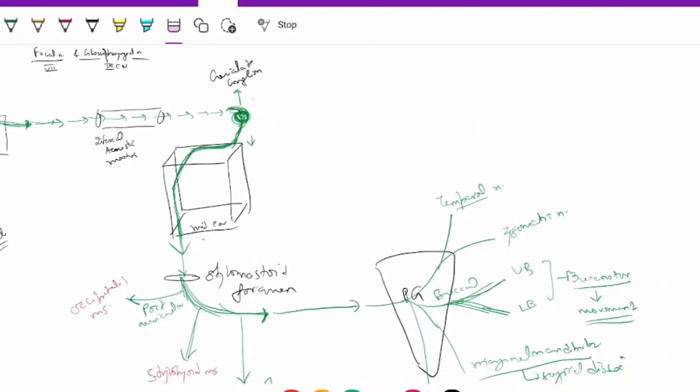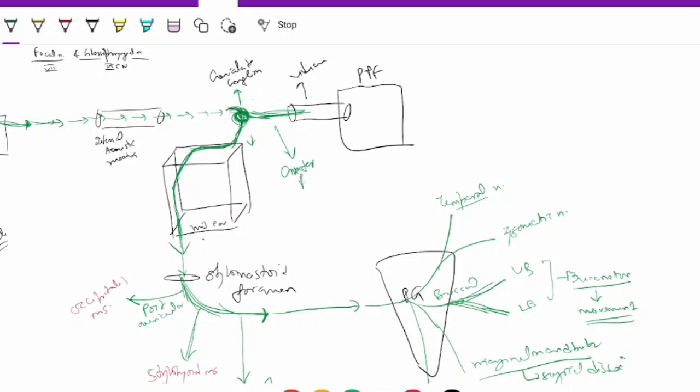Now while taking this turn, if you remember, we just revised before starting this lecture that there was a canal. Ahead of this canal was a fossa known as the pterygopalatine fossa. So this branch which travels and enters into this canal, known as the Vidian canal, is a branch of the facial nerve only, and that nerve is known as the greater petrosal nerve or greater superficial petrosal nerve.